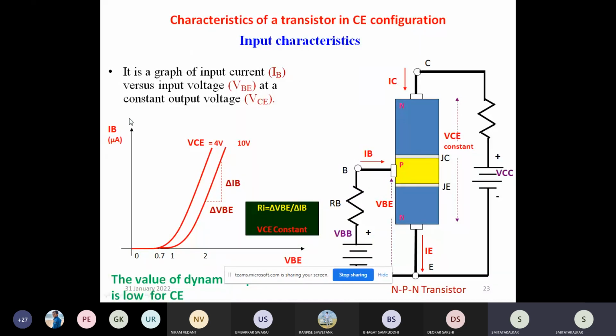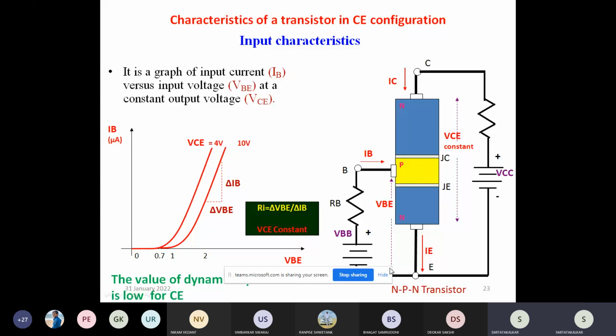That is why here we have the current IB and the voltage VBE. The base terminal IB is connected to the input side, to the P region, which forms the negative charge.